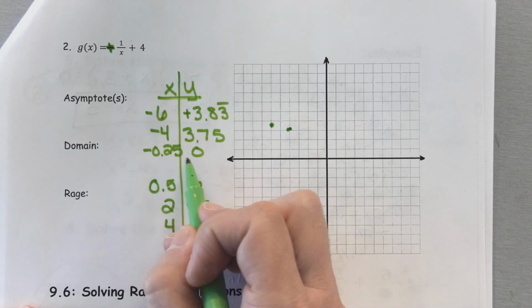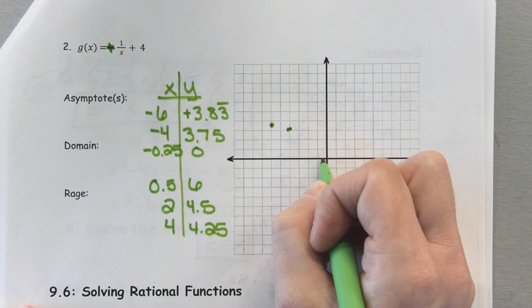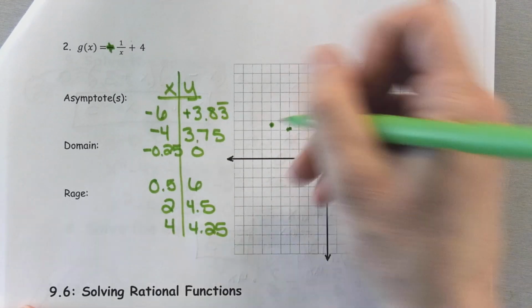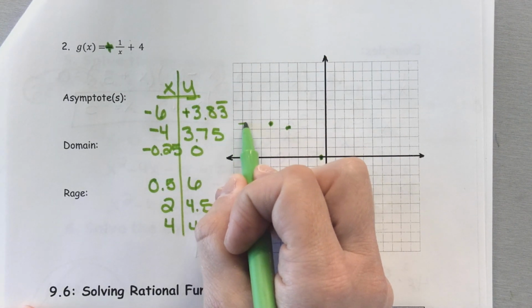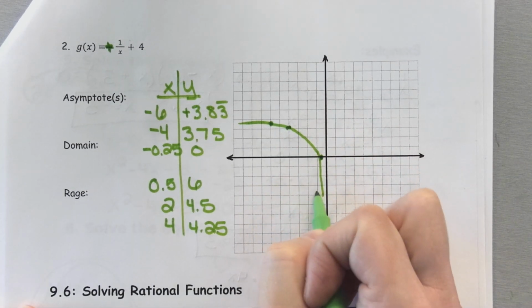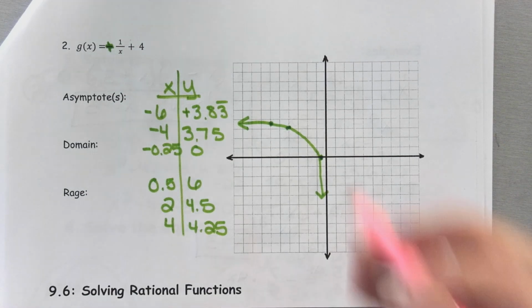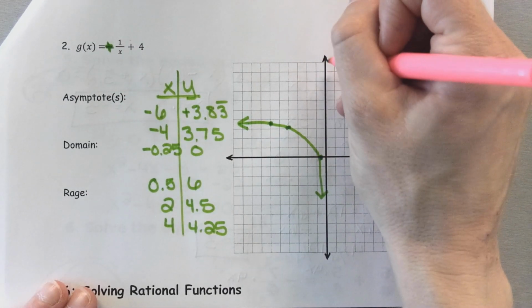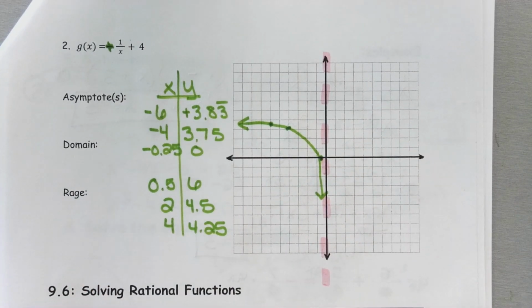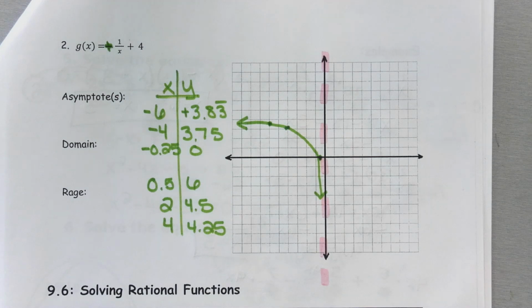And then -0.25, comma 0. I'm going to find that there's an asymptote that lives at 0. Do you agree? Because of the x in the denominator?